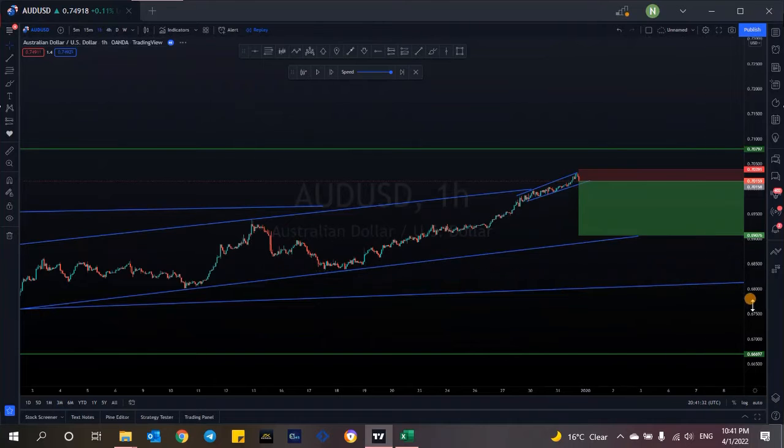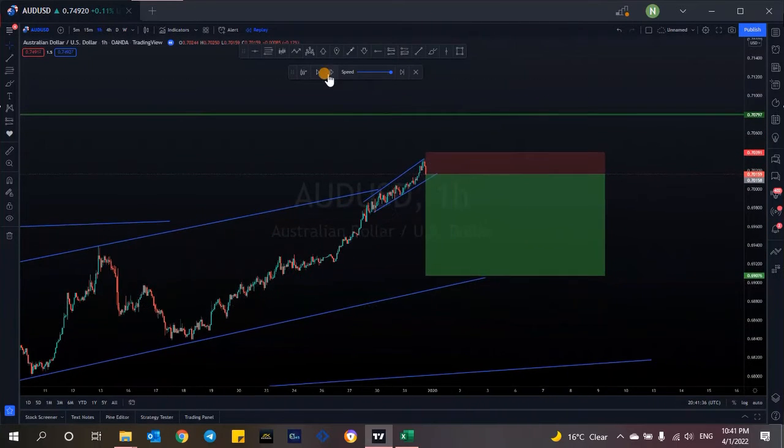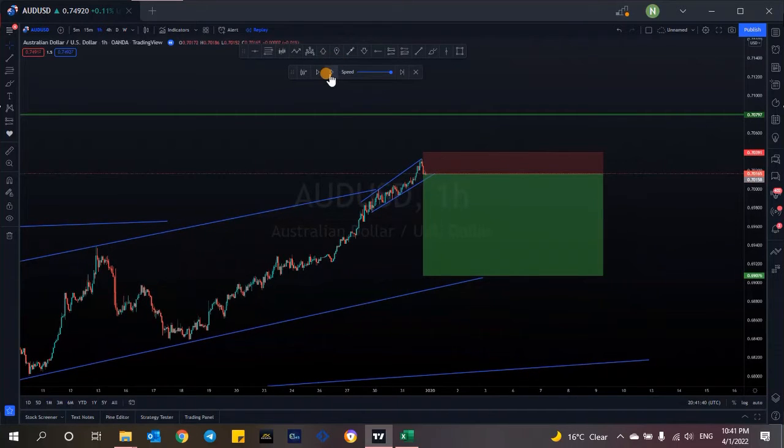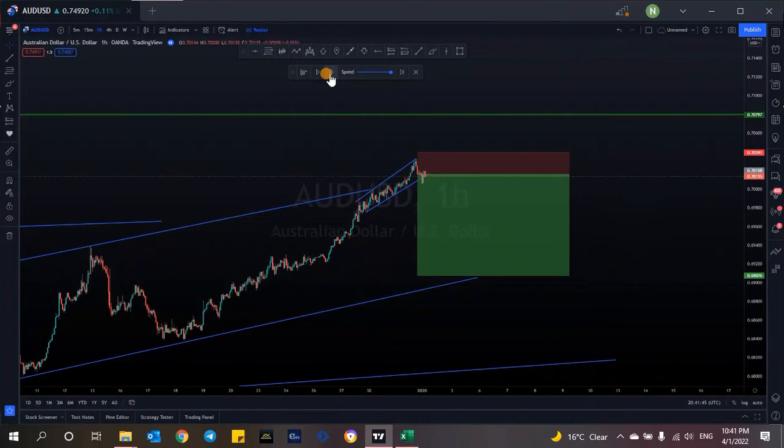So let me go to 1 hour. Let's see how the price moves. I want to show you how I would manage a trade like this.